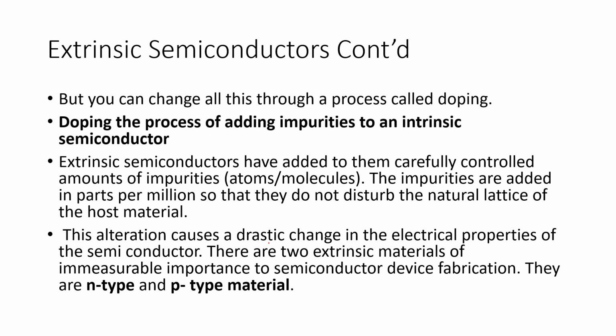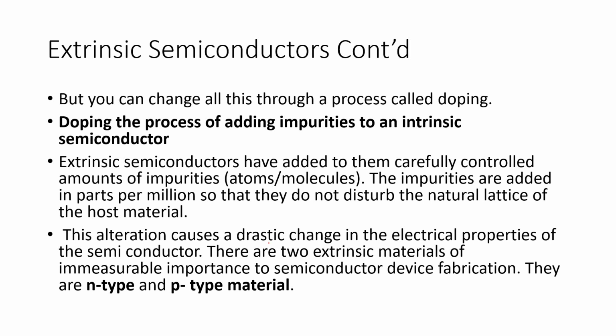All right, so it says that extrinsic semiconductors have added to them carefully controlled amounts of impurities, and those impurities are atoms or molecules. Now it says that the impurities are added in parts per million, right, so as not to disturb the overall lattice of the host element, which would be the intrinsic semiconductor, such as silicon or germanium.